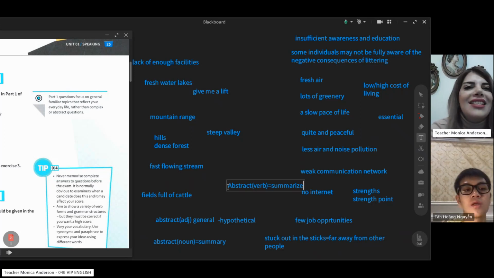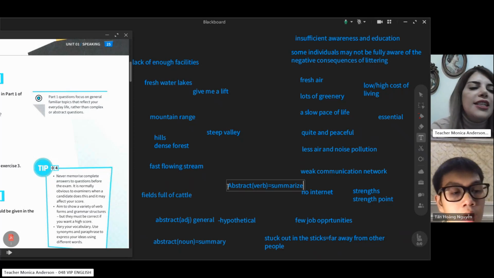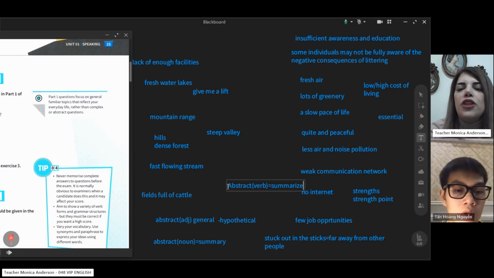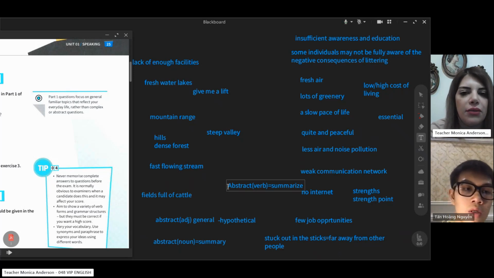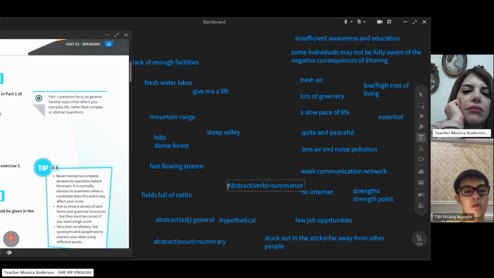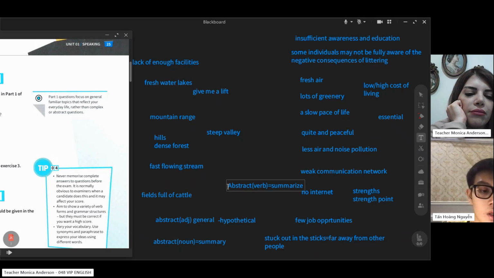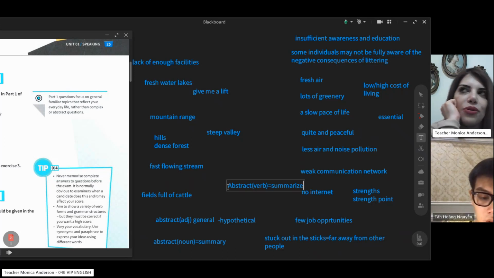Or abstract this text in order to mention some key points, summarize it. For example, some abstract ideas. Abstract is here an adjective.